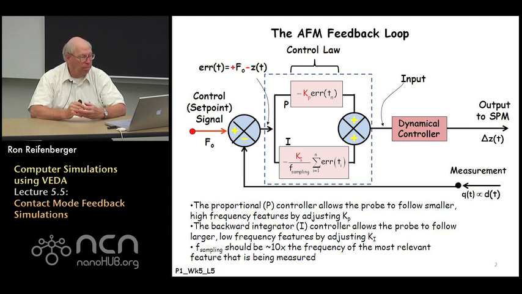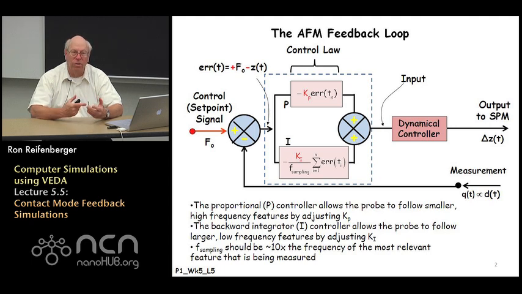The integral portion of the controller sends a signal to the AFM controller, which is the sum of previous errors. And the relative weighting of these two signals is specified by the parameters k sub p and k sub I. In this lecture, those parameters are also called just P and I, sometimes to make it easier to talk about.